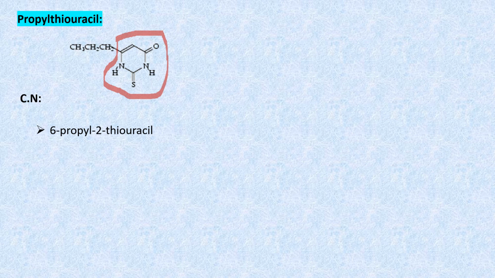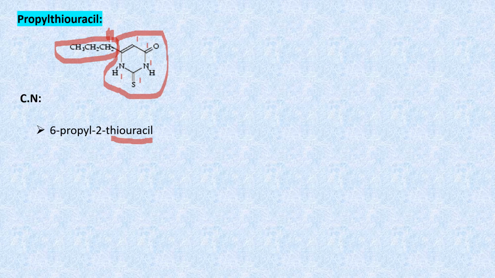To the structure of uracil, a sulfur atom has been attached, therefore it becomes the structure of your thiouracil. Now give the numbering to the structure of thiouracil. This is first position, second, third, and this is first, second, third, fourth, fifth, and this is your sixth position. That means the substituent group is present at the sixth position.